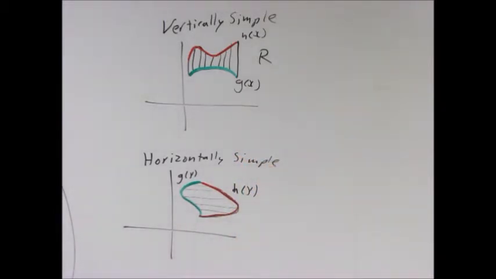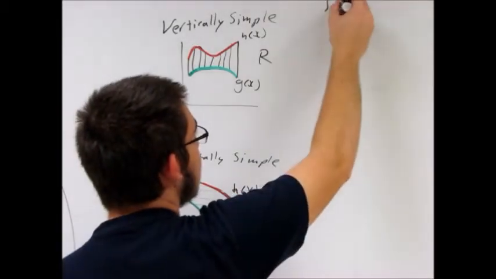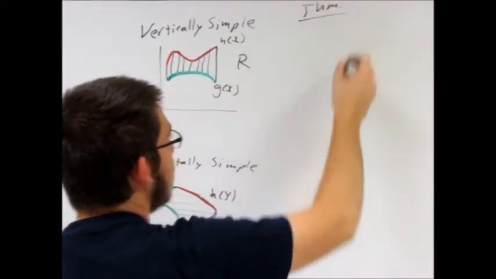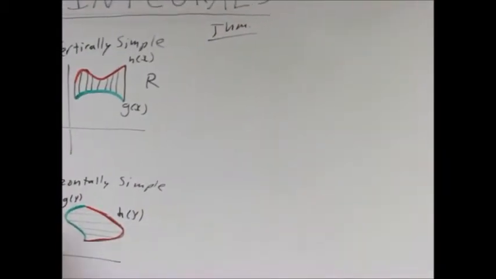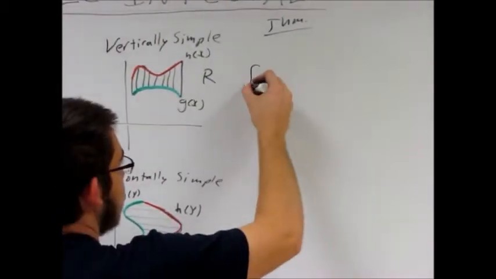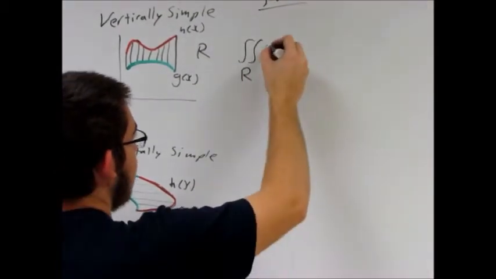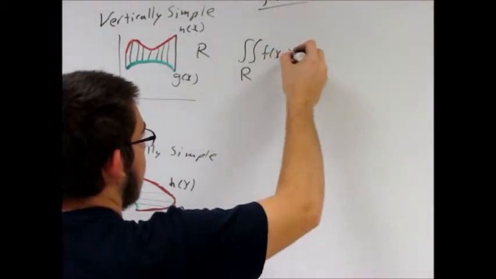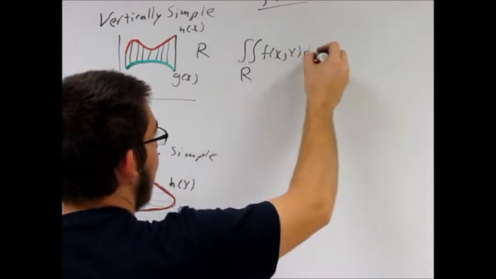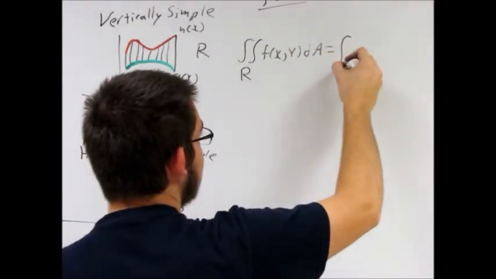The theorem basically says there are two cases, for vertically simple and for horizontally simple. Vertically simple says the double integral over this region R of f of x, y dA is equal to the integral.